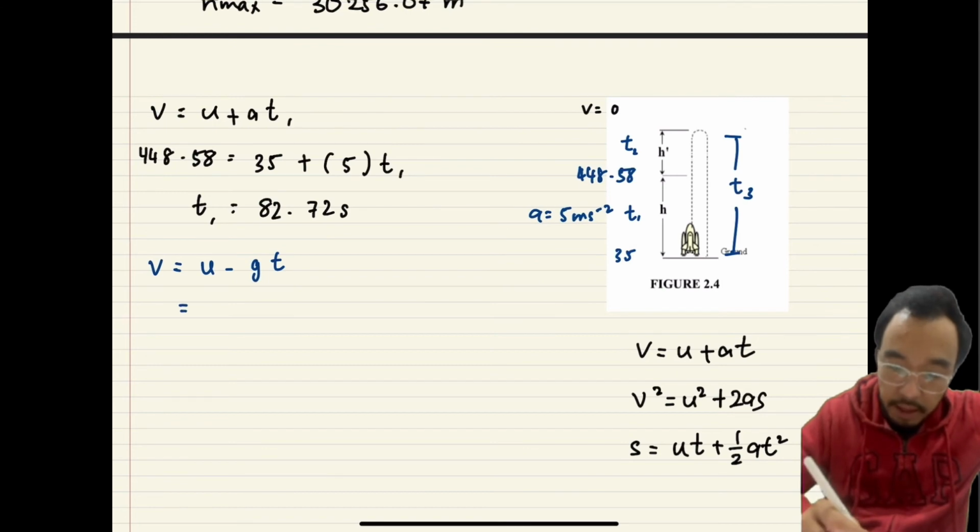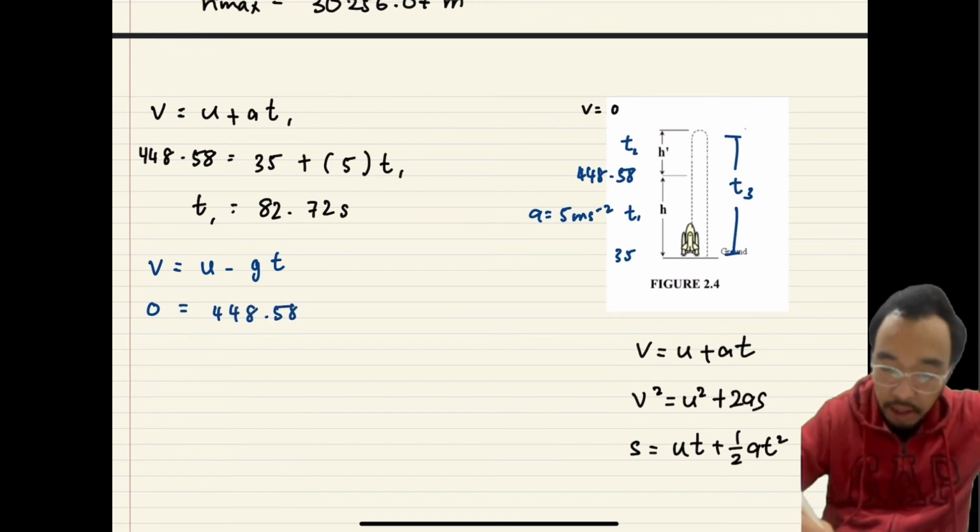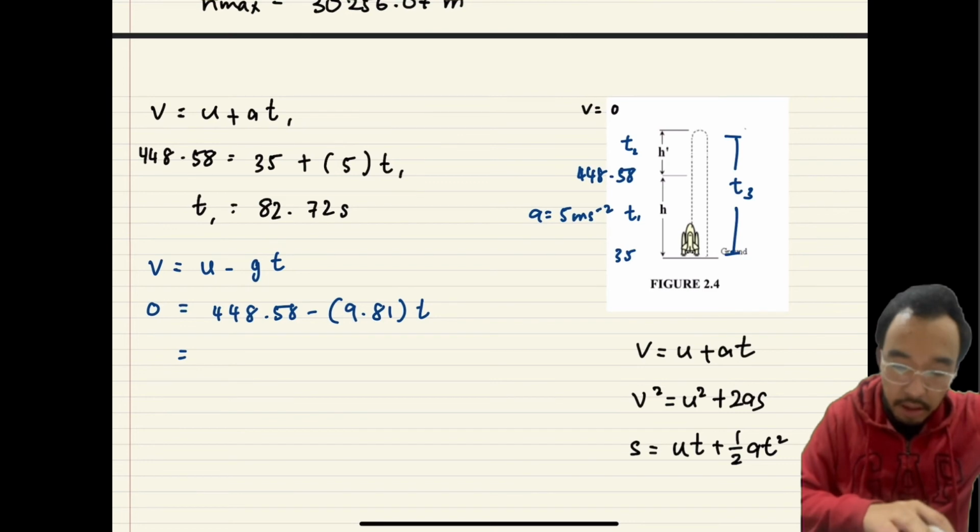So v is equal to 0, u equals 448.58. This one is positive because it is pointing upwards. Minus 9.81 and t. So 448.58 divided by negative.